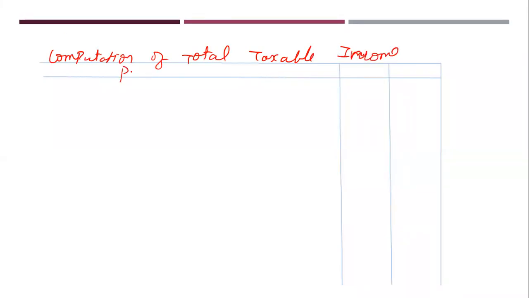Okay. So what we have to do is computation of total taxable income. Particulars, rupees.